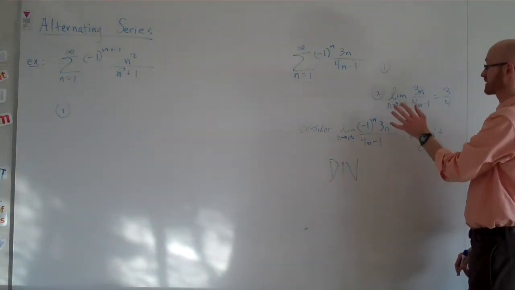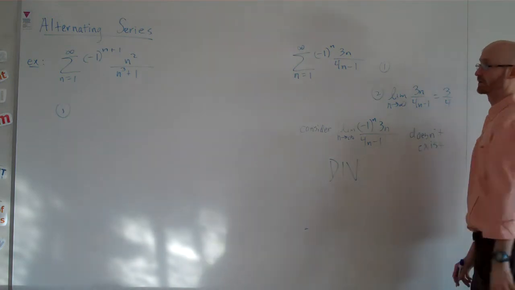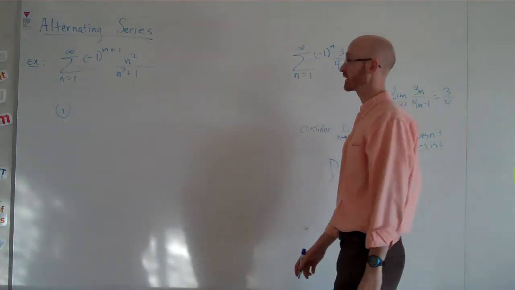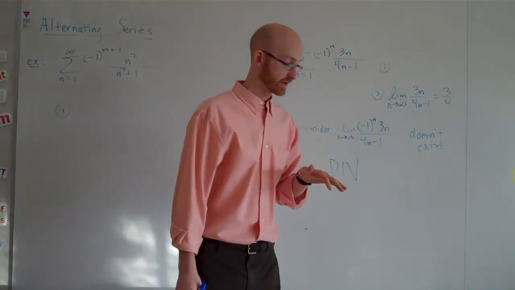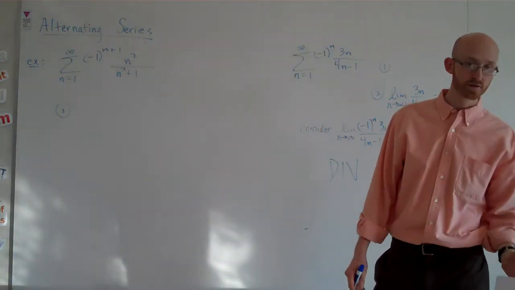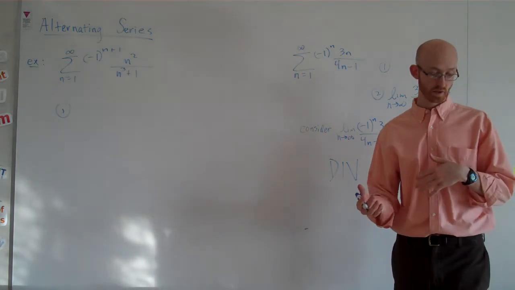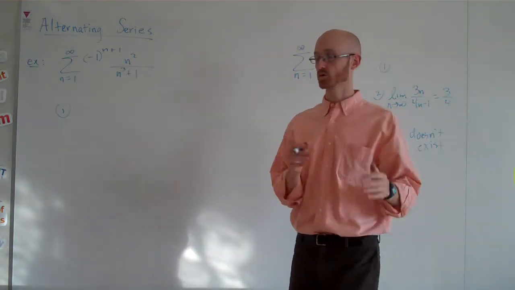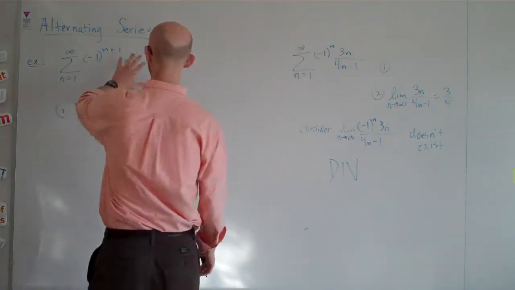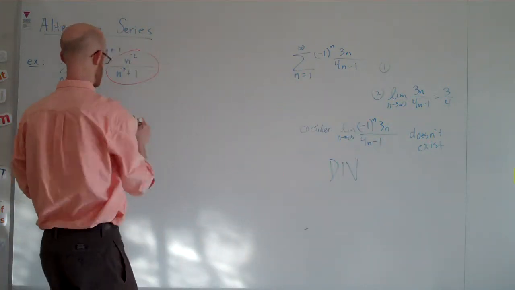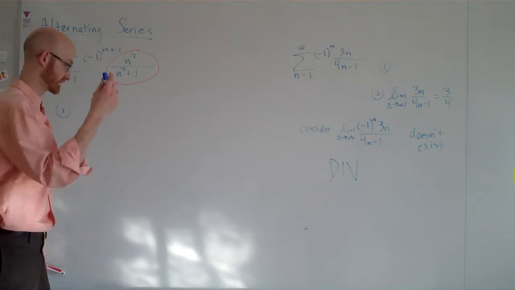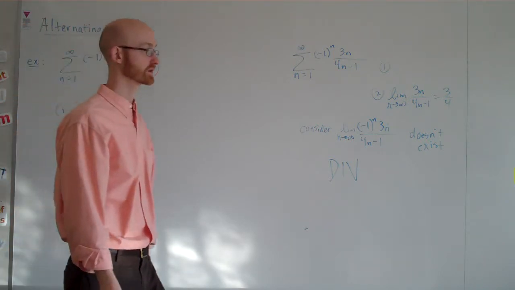I skipped it on the last one because I knew the second condition was not going to work out. Checking condition 1, though, is not always that simple. Remember, condition 1 was that each next term was smaller than the one before it. But I don't think everybody looks at this and says, of course, this thing is going down, it's decreasing every time.